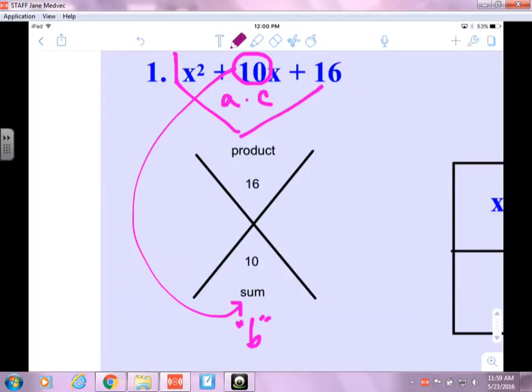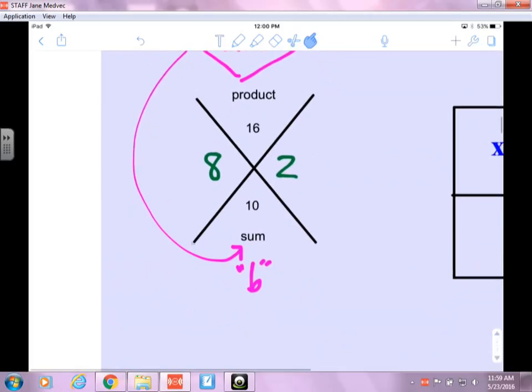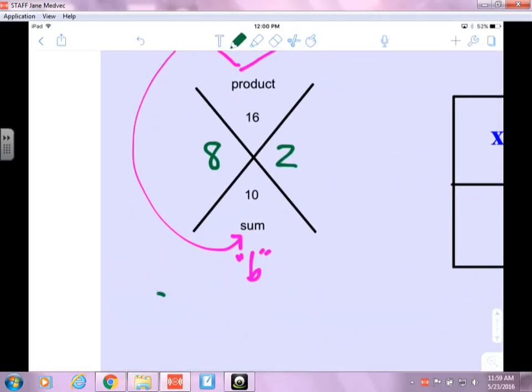Let's see if that's true. I'm going to go 8 times 2, that gives me 16. And 8 plus 2 gives me 10. Yep, those are the right numbers.